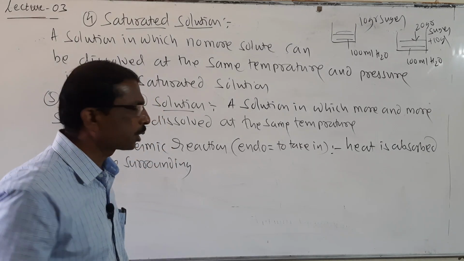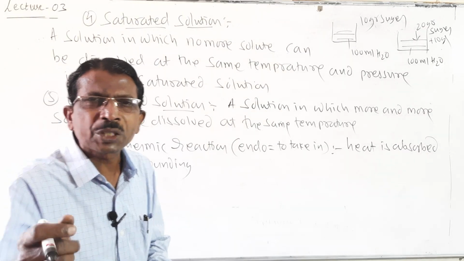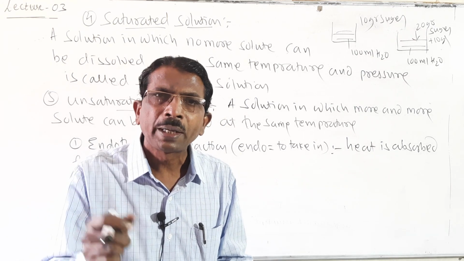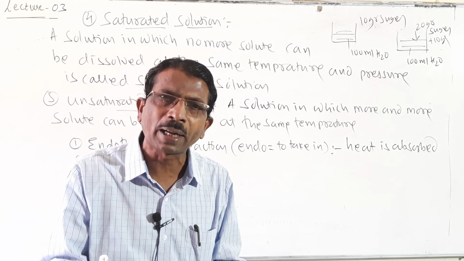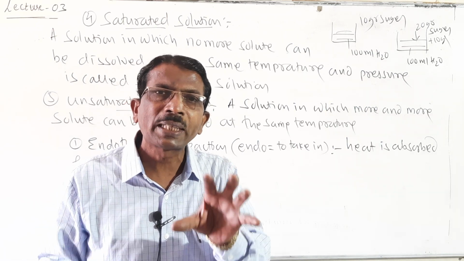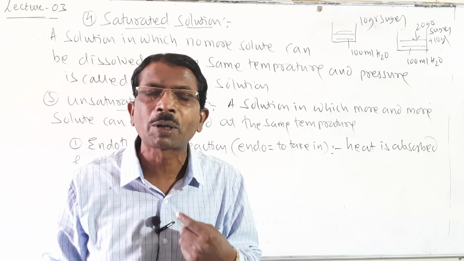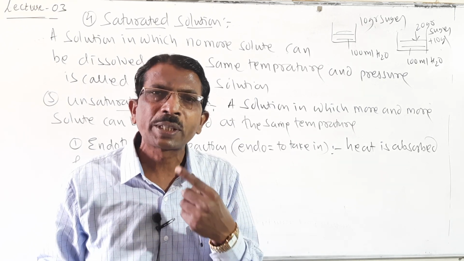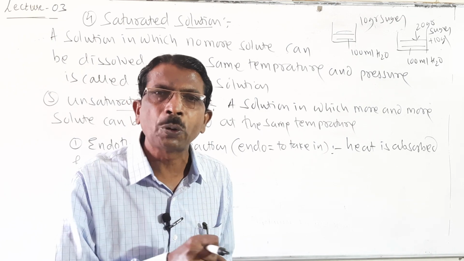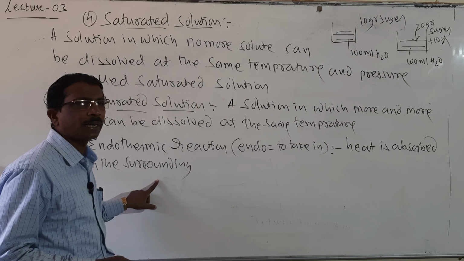So an endothermic reaction absorbs heat from the surrounding. The best example is to take a teaspoonful of glucose powder and put it in your mouth. You feel cold because it absorbs heat from the surrounding of your mouth. So eating glucose is endothermic because it absorbs heat from the mouth. So here it is an endothermic reaction.